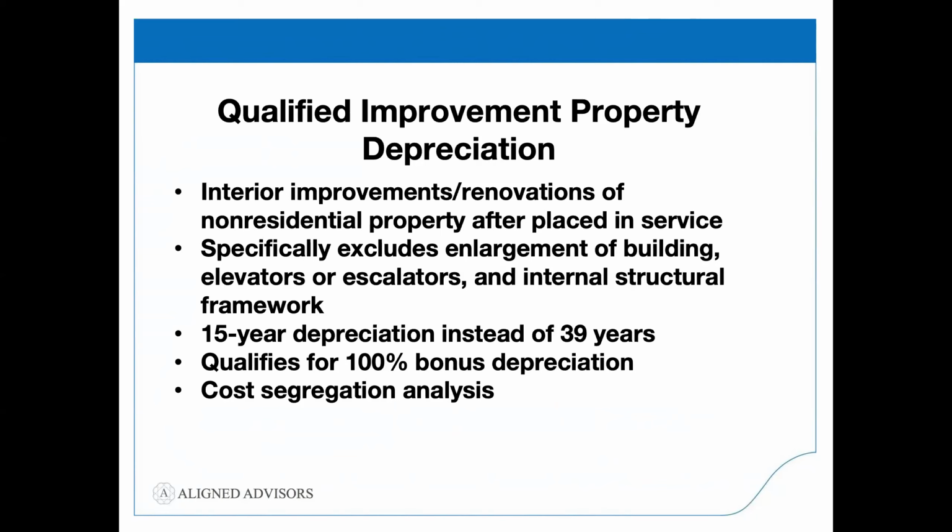Qualified improvements are things like renovations that you've done to your office space. This isn't residential property. This is like your dental office or any commercial property that you might own. So any kind of interior renovations that you may have done to get the space ready or to update the space would count as this.